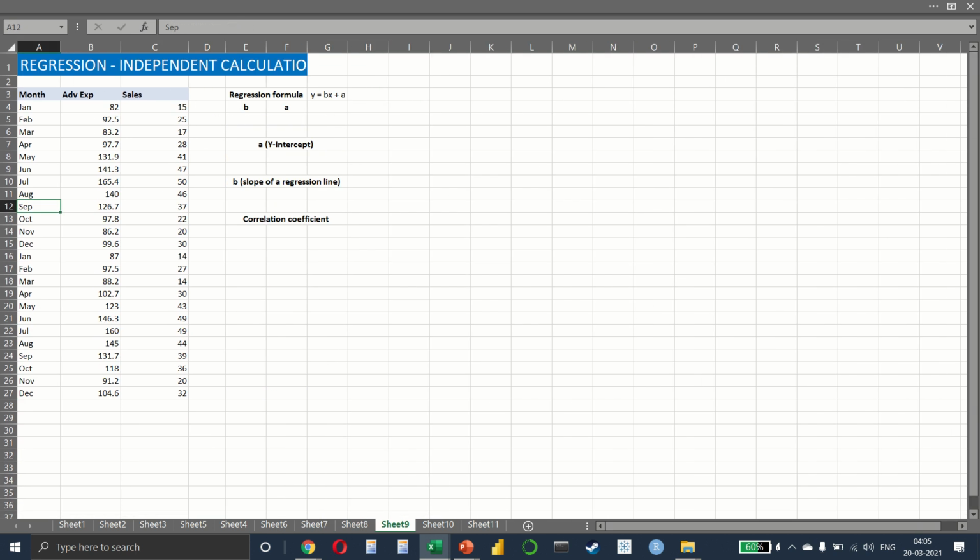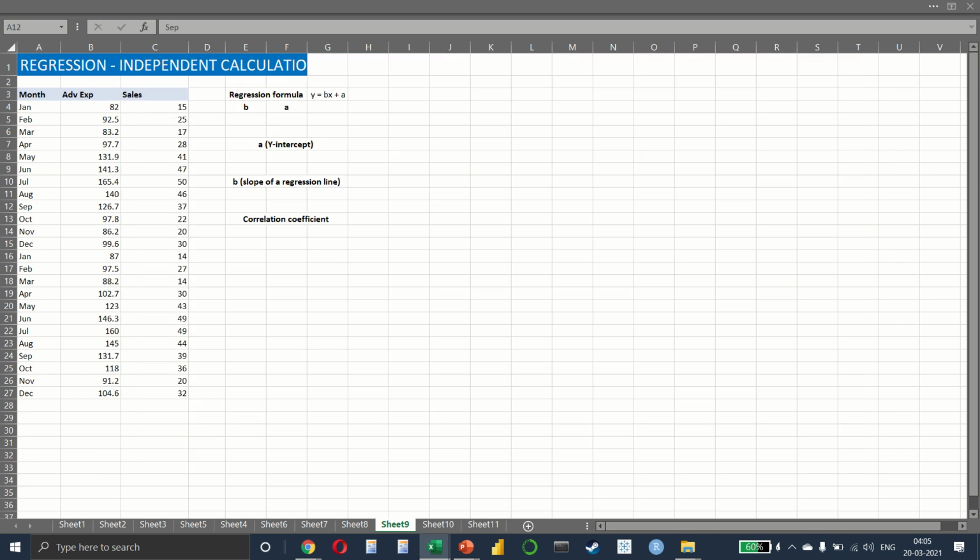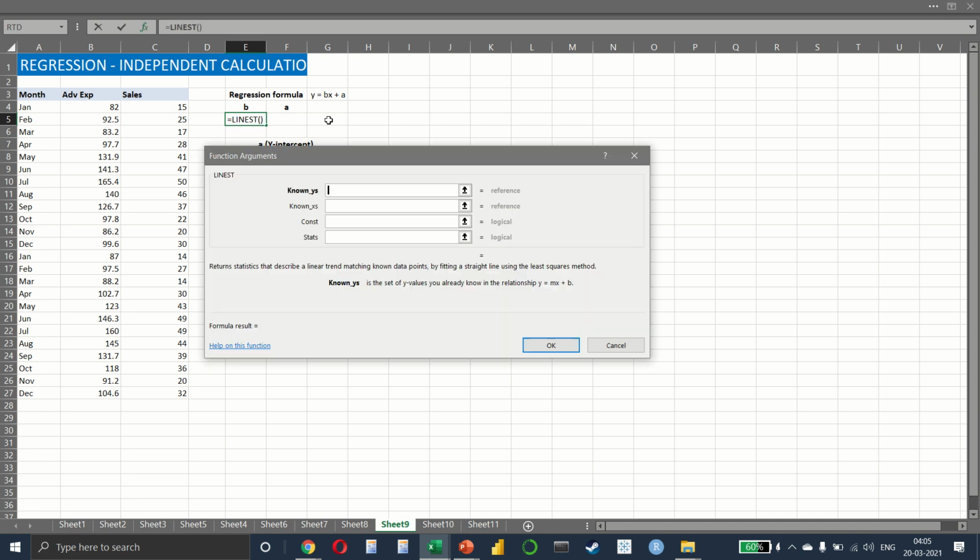Excellent. Just to wrap up this example, sometimes if you simply want to calculate the values independently, what you can do is write equal to LINEST, which is linear estimation, right? So using the least squares method to find a straight line.